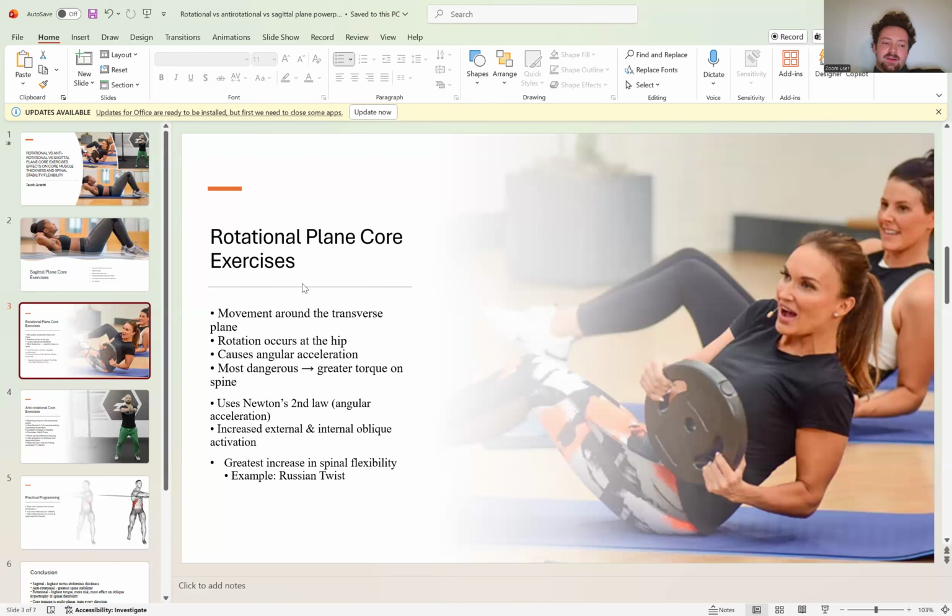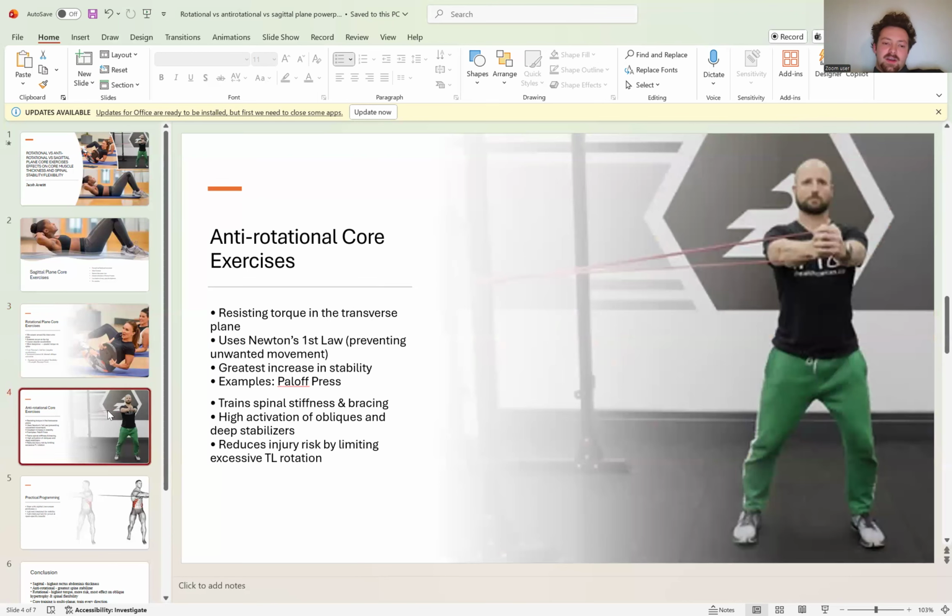So moving right along to the anti-rotational core exercises, the Franco Lopez article states that this is so much safer than the rotational. And that is obviously because there is no rotation at the hip, which is rotational's biggest detriment.